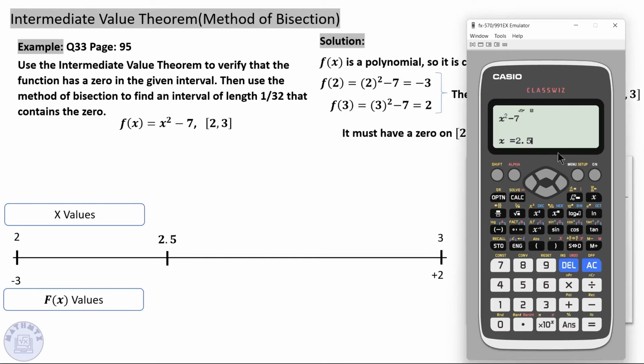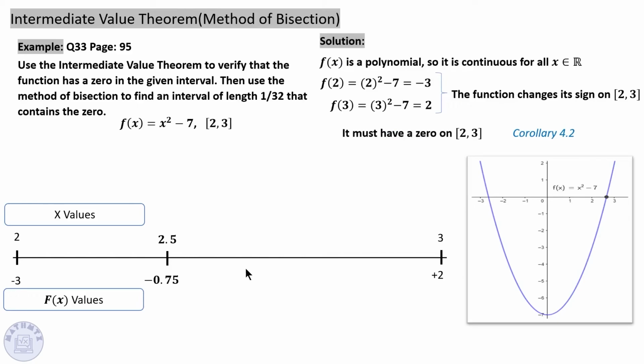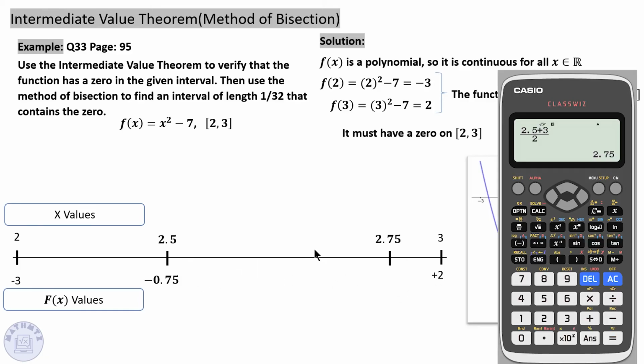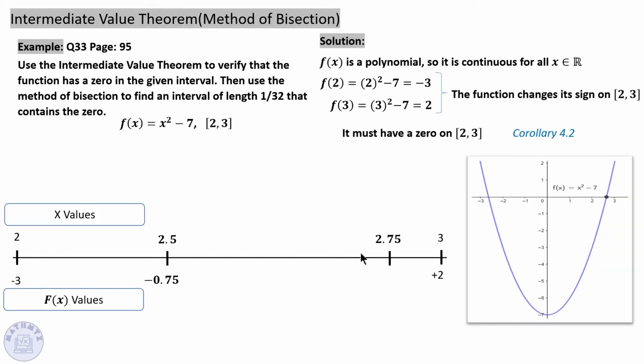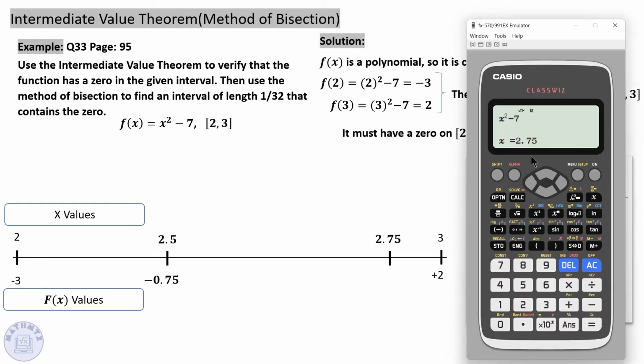So using our calculator, if we write the expression of the function and evaluate at x equals 2.5, I can see the result here is -0.75. Continuing with the method of bisection, I need to focus on this interval since f of x here are different signs. The midpoint is 2.75. Now I moved it to the right to fit the other points in here.